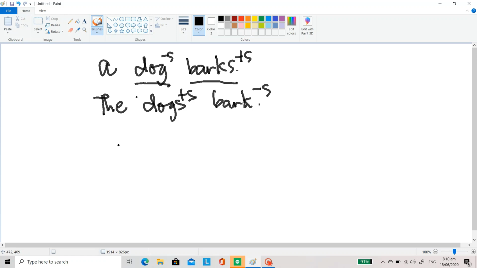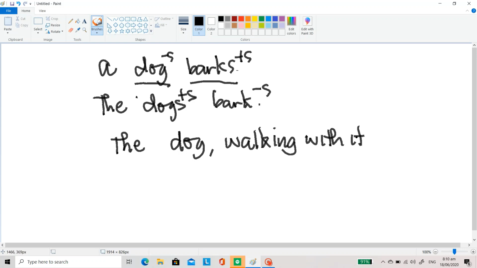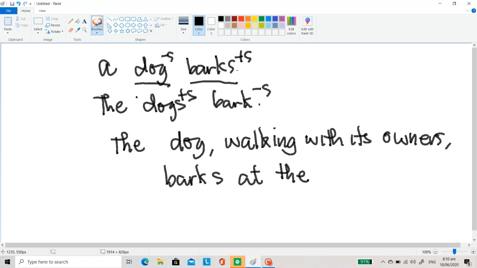And even if you expand this sentence into a more complex one by saying, let's say, the dog, comma, walking with its owners, comma, barks at the strangers.